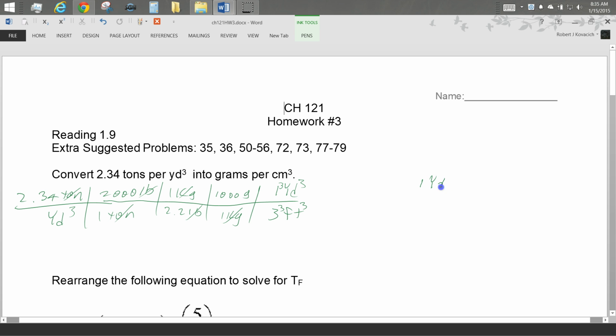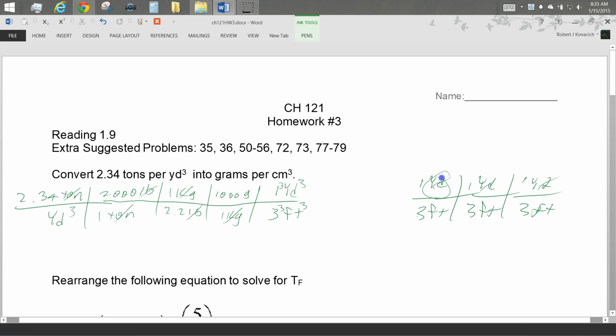So it's 1 yard per 3 feet, 1 yard, 3 feet, 1 yard, 3 feet. So this little thing that I wrote over here is the same as this 1 unit conversion. And what I have are 3 yards in the numerator, which could cancel out with the 3 yards in the very first thing that I wrote.